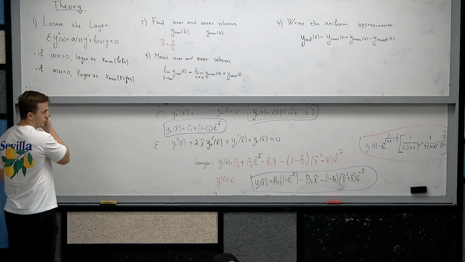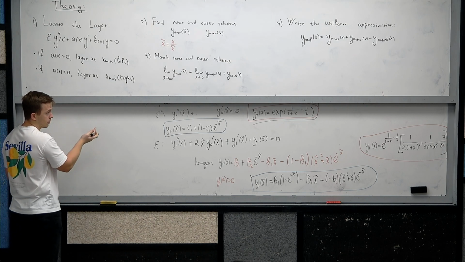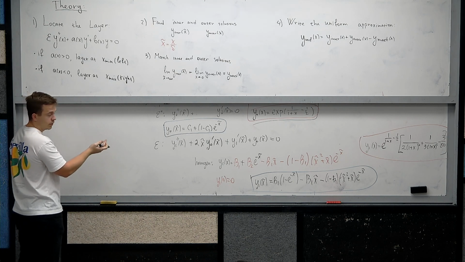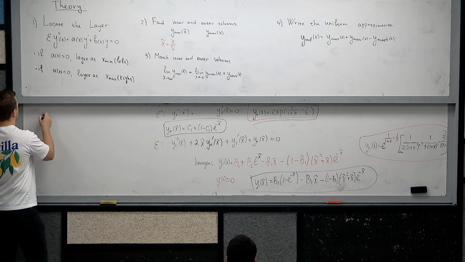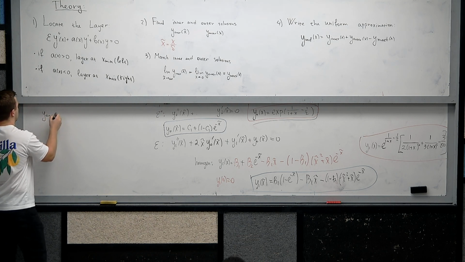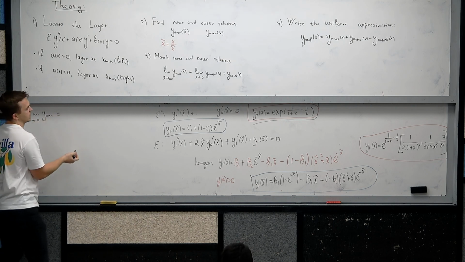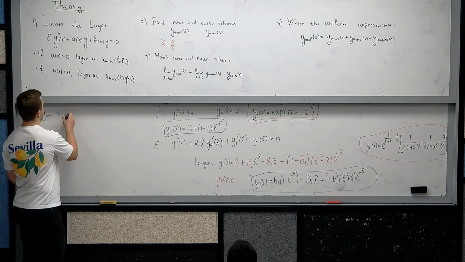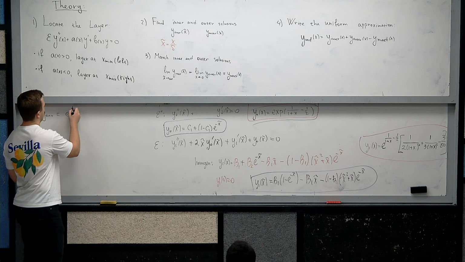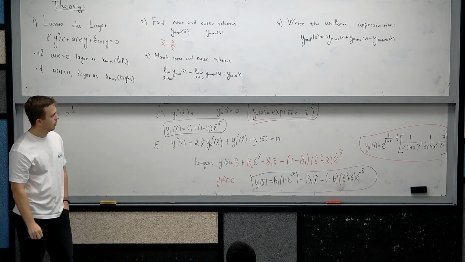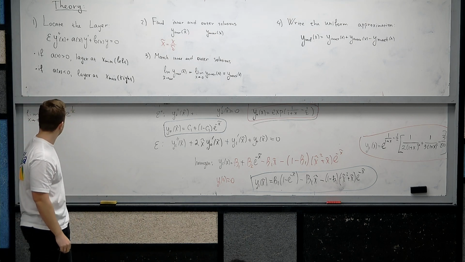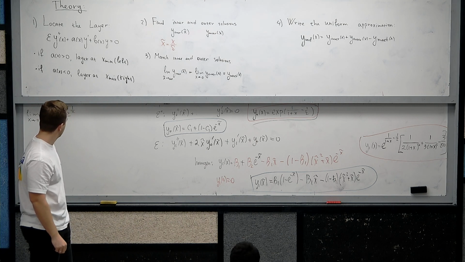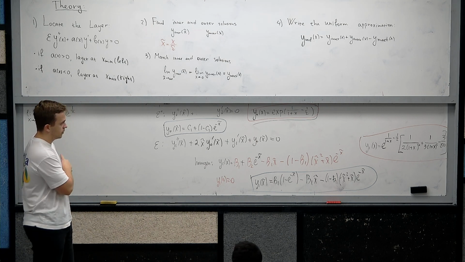So we know that outer solution, as x goes to 0, has limit e to the 1/2. This is the first order, leading order, right?